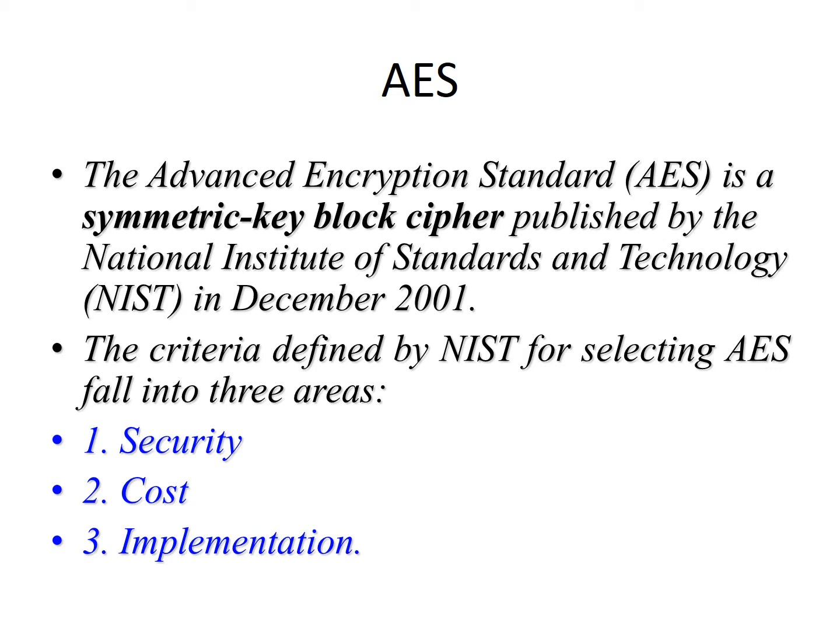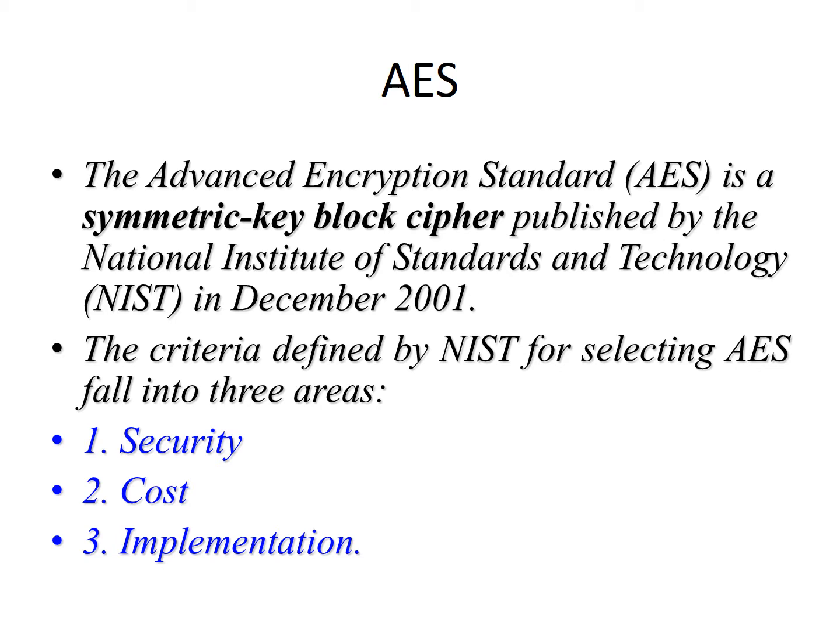It developed AES with the criteria that it is a symmetric key, that means at the sender and the receiver we are using the same key, and a block ciphering method. Block ciphering means, as you all know, we take a block of plain text and generate the corresponding ciphertext for a block, that is, a block of 64 bit or 128 bit.